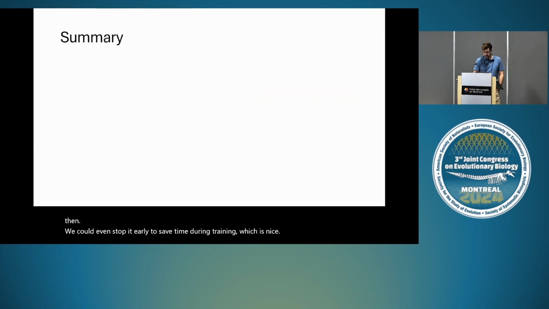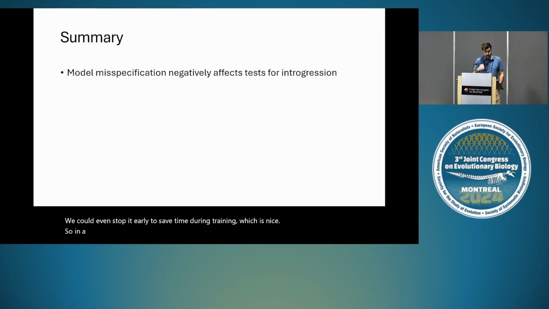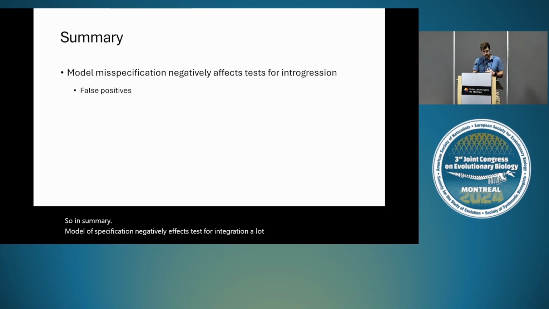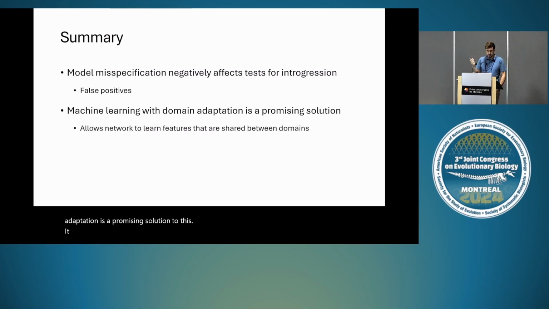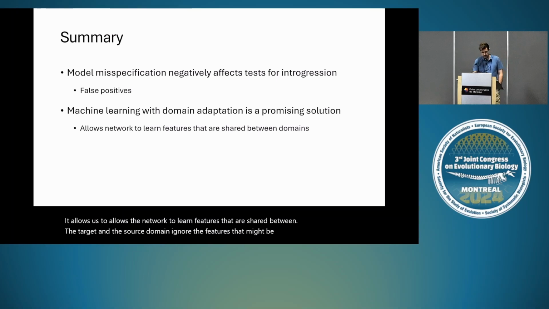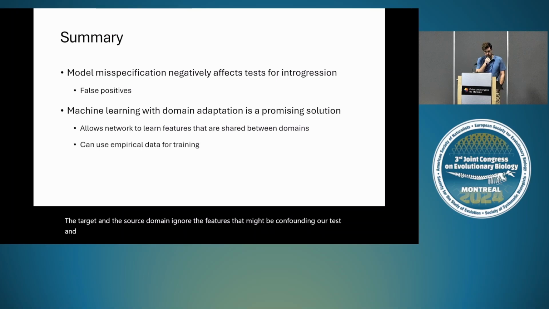So in summary, model misspecification negatively affects tests for introgression. A lot of processes can generate false positives. That's nothing new, but we think that machine learning with domain adaptation is a promising solution to this. It allows the network to learn features that are shared between the target and the source domain, ignore the features that might be confounding our test, and then what's really cool is we might be able to use empirical data to train these.